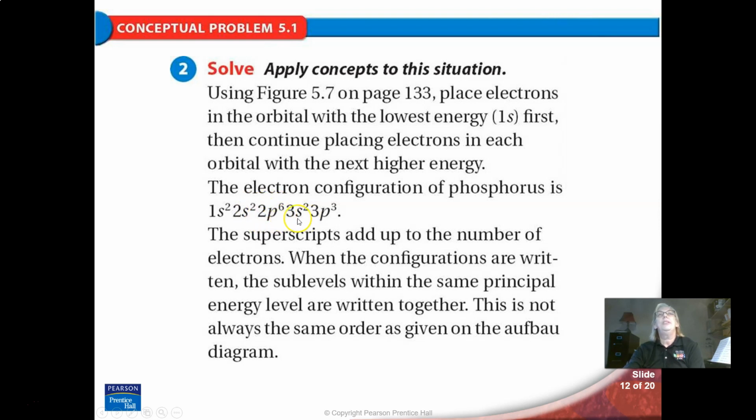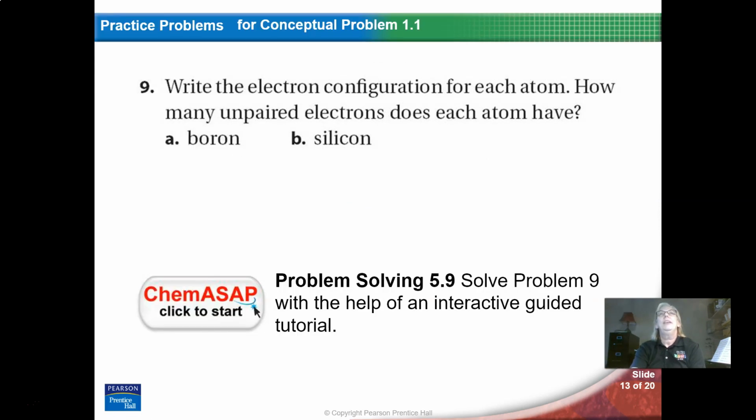Then we're going to jump into the 3s level. 2 can fit there, 3 can fit in the p. So now we've accounted for all of the electrons in phosphorus. All those numbers up top add up to the atomic number. So try some of those on the periodic table, see if you can get it.